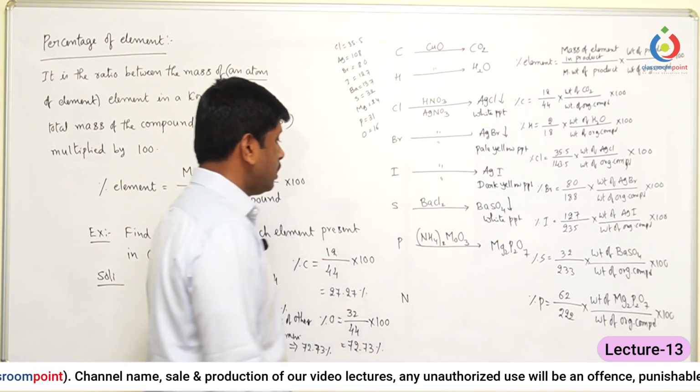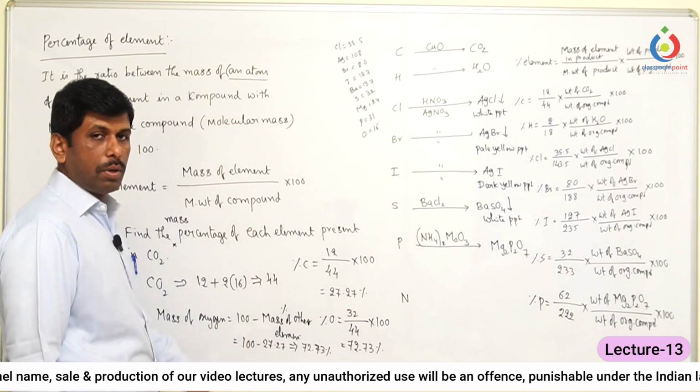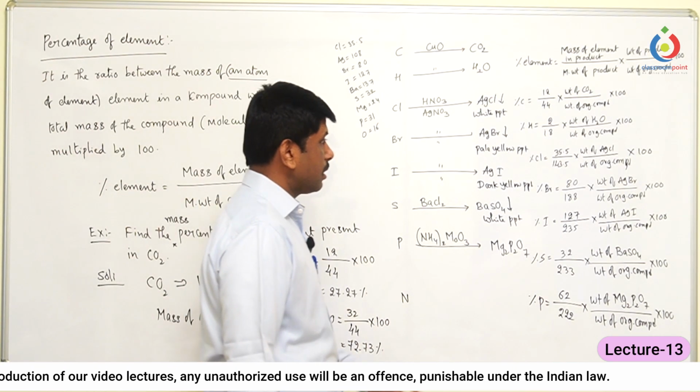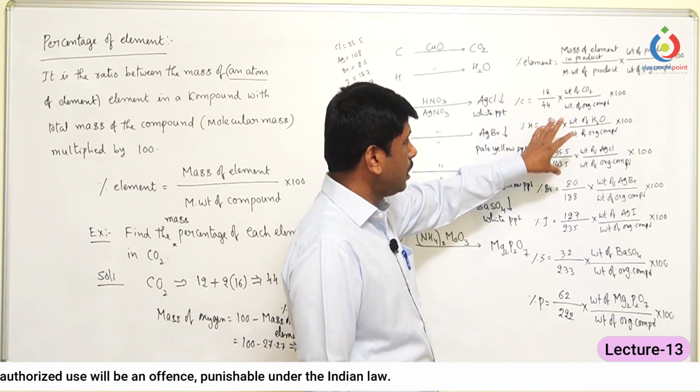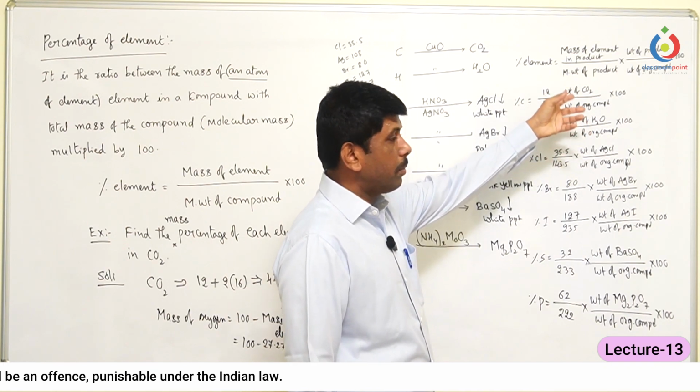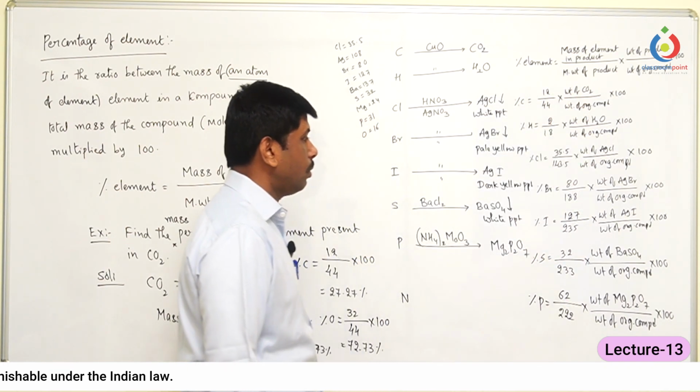So for these elements we follow a similar formula: the mass of the element present in the product divided by the molecular mass of the product, into weight of the product by weight of the organic compound, into 100.